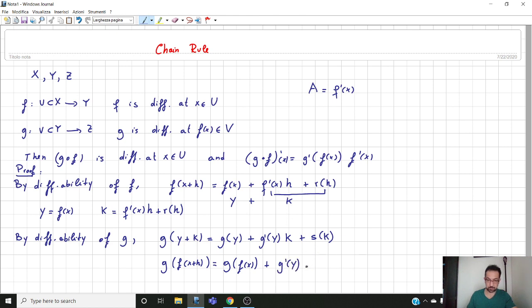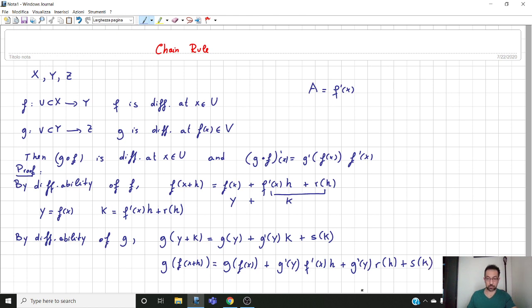But k is f prime of x times h plus r of h, and I'm just using the distributive property here, so we have g prime of y times f prime of x times h, plus g prime of y times r of h, plus s of k.